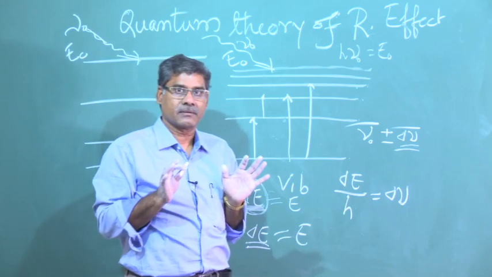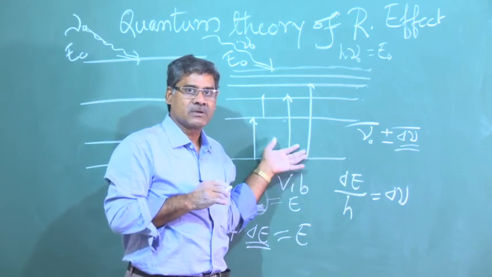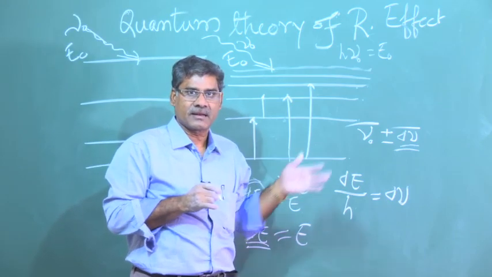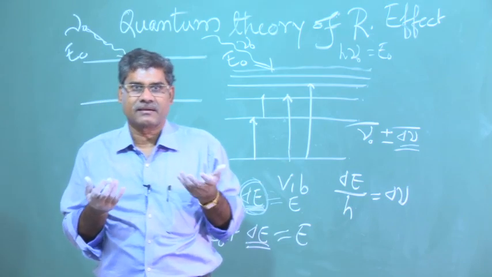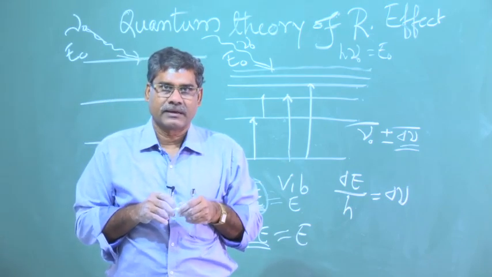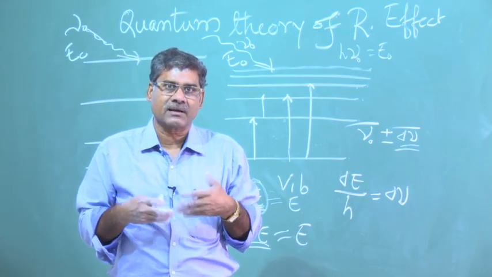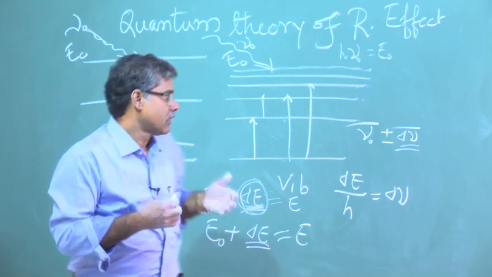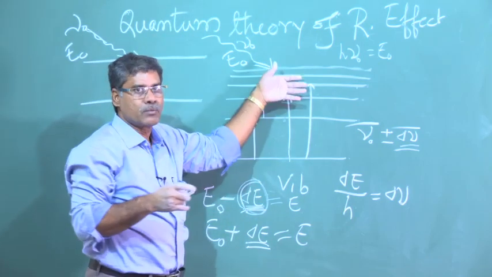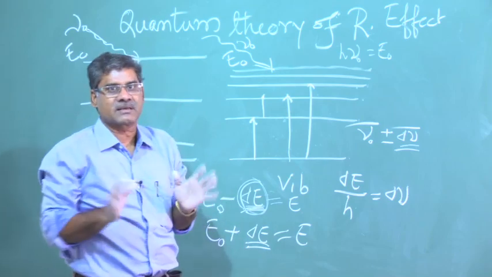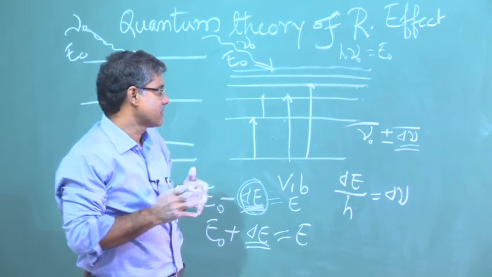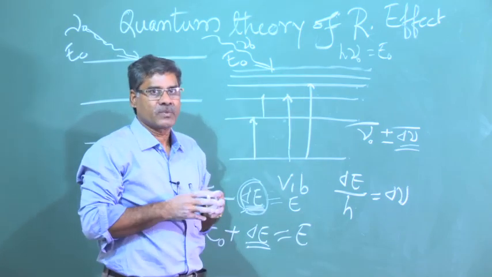Now, see this Raman effect, this scattering is very weak. That is why, as I told earlier, it was difficult to see. So, when radiation is falling, 99% of the radiation is scattered elastically.